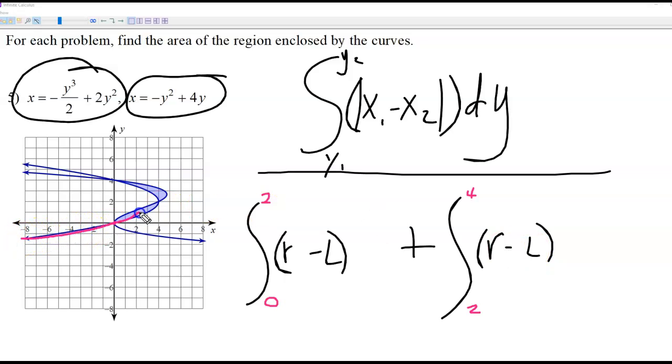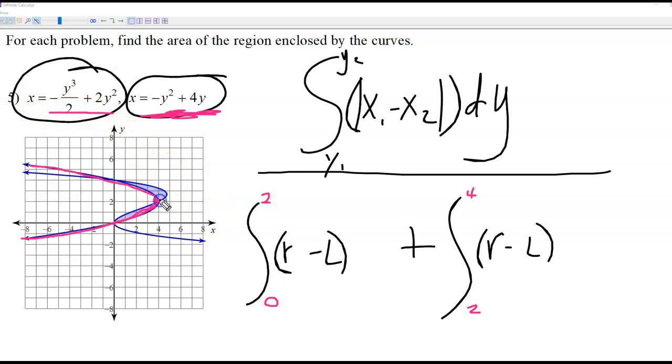So there's that. Now we have two functions here. I've got this guy here, which kind of looks like a sideways parabola. And then we have this other one, which I'll just call the blue function, sideways cubic function. Now in our first interval here, from 0 to 2, the pink line is farther right than the blue line. So the quadratic function, the y squared plus 4y, will come first, and this one would come second.